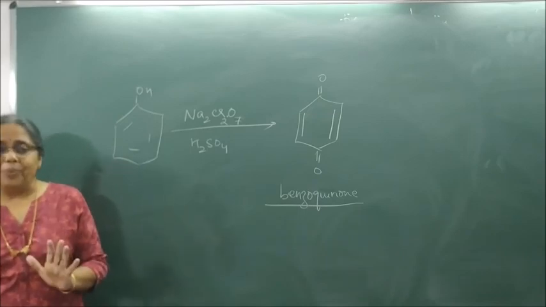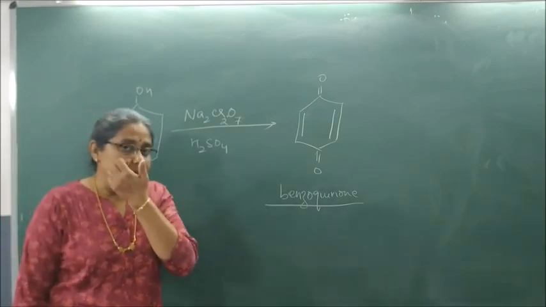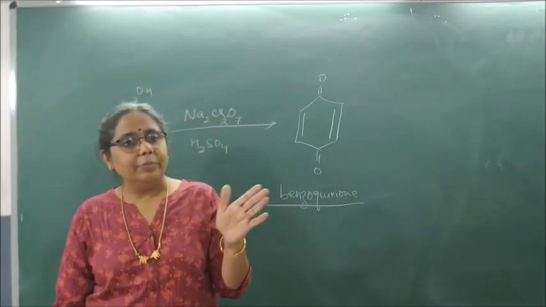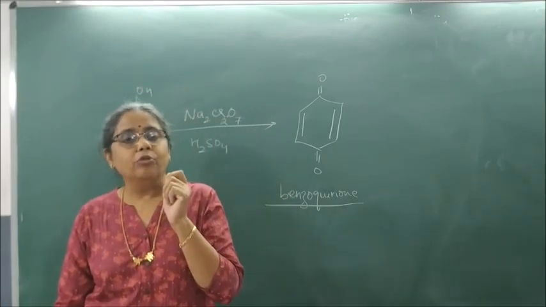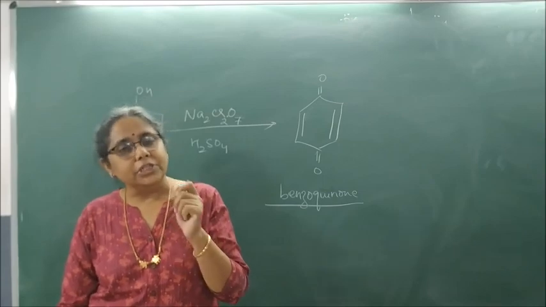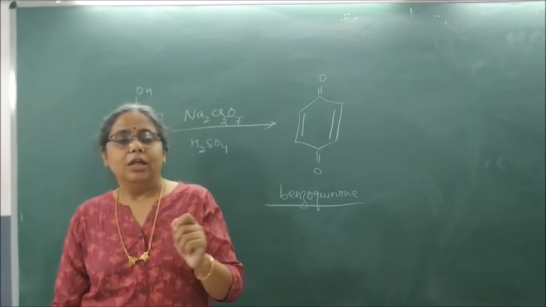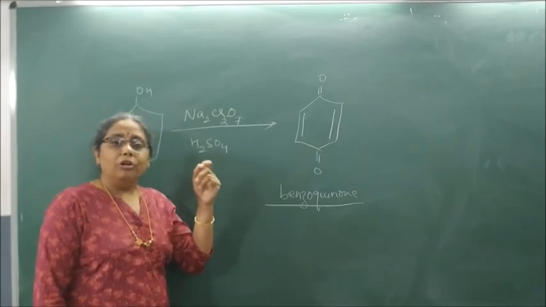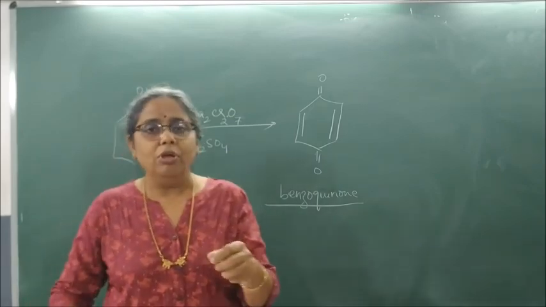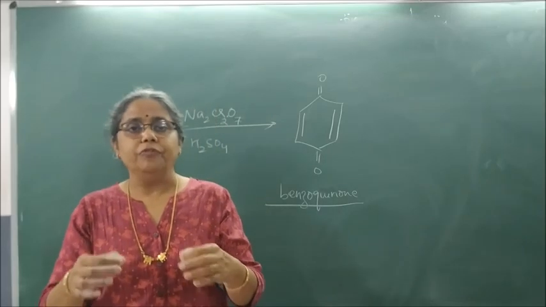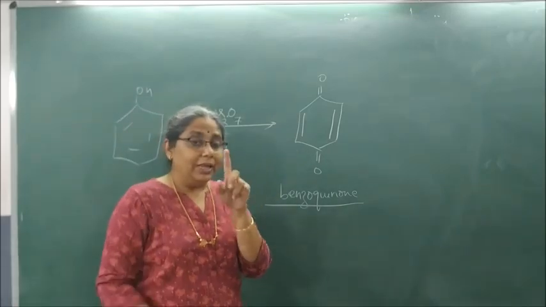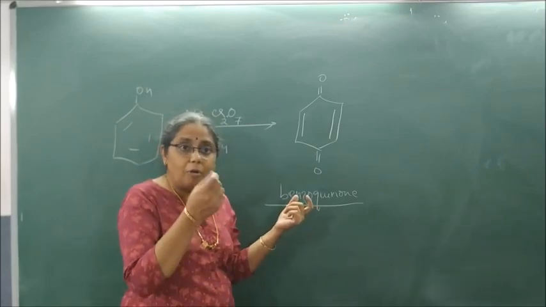See, in practicals, there is something called organic analysis, where they may give you a test tube and you will have to identify which is an alcohol and which is a phenol. So at that time, this reaction plays a very important role. Phenol generally is heated and given to you. When you leave it on your counter for a few minutes, the top layer of the phenol gets into colored complexes.